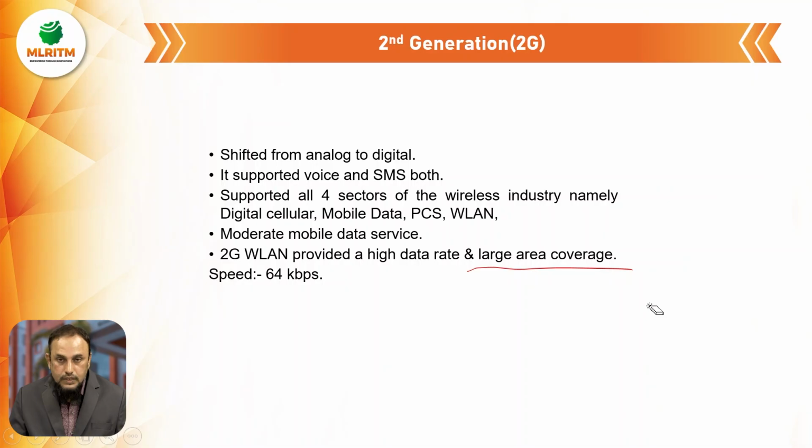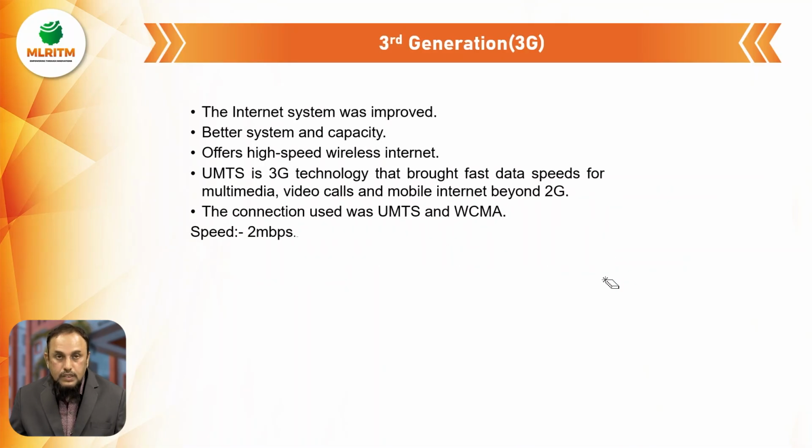We're coming to the next generation, the third generation. In the third generation, due to the advancement of internet technology, the speed of communication increases to 2 megabits per second. The internet system was improved, with better system and capability, and it offers high speed wireless internet.